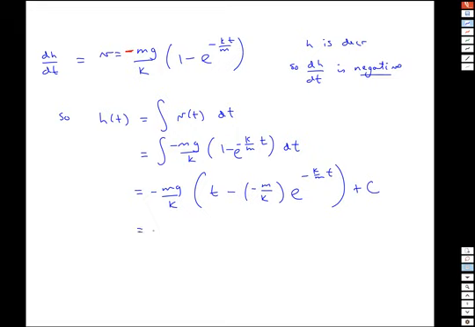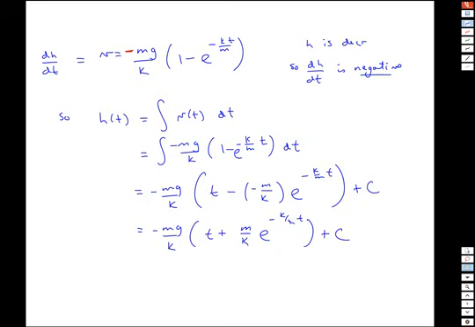And I would tidy that up a little bit. Negative mg over k, t plus m over k, e to the minus k over m t plus c. So that would be our solution for the height as a function of time.